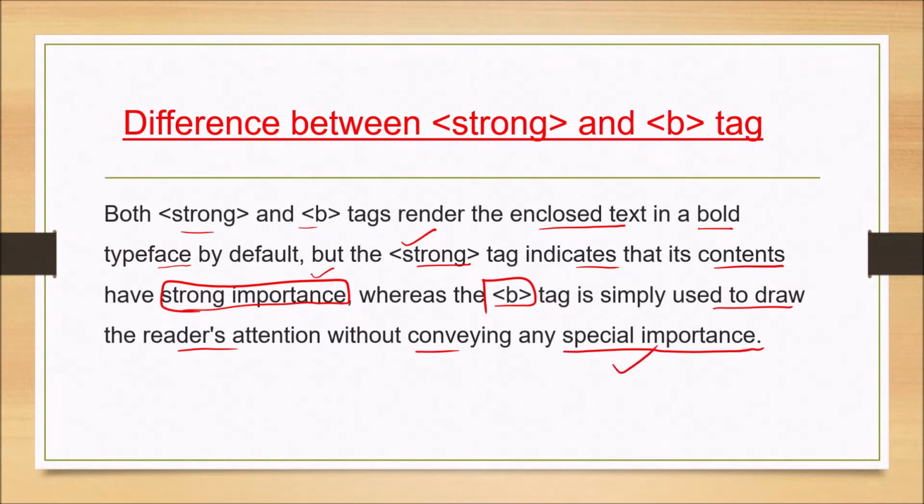On the website, obviously the output will be the same for both of these, but strong tag is used whenever the content has strong importance, and B tag is basically to draw the reader's attention, because we are making that content bold.